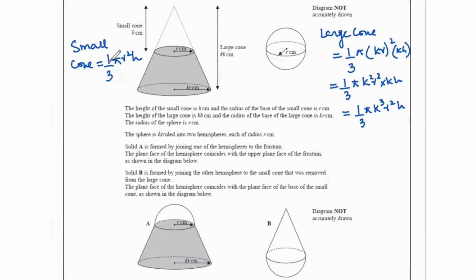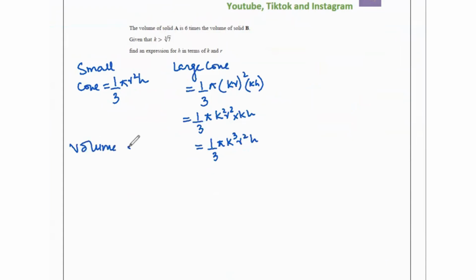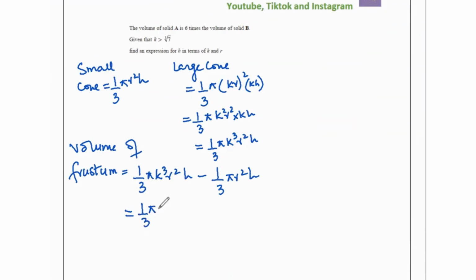Now, when we subtract the two, we get the volume of the frustum. So the volume of the frustum is going to be 1 over 3 pi k cube r square h minus 1 over 3 pi r square h. So 1 over 3 pi r square h can be taken common. That leaves us with k cube minus 1 in the bracket.